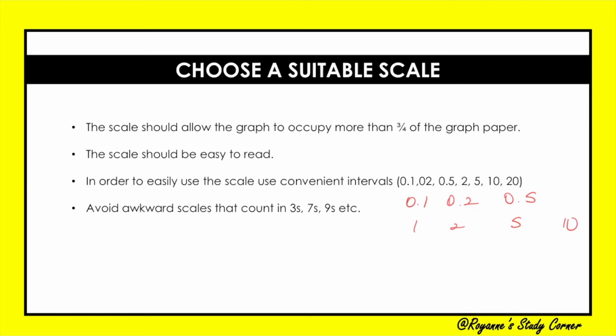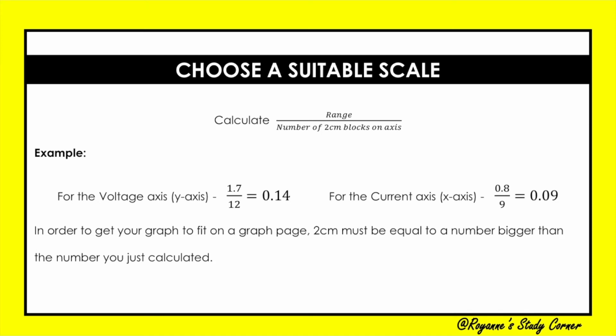Now you may be wondering, well, how then do I choose what scale is right for the values that I have to plot? Now I feel like saying something corny like, I'm glad you asked. So a formula that I teach to figure out what scale you want to use, and I was taught this by my Form 4 and Form 5 physics and chem teacher, is you calculate your range divided by the number of 2 centimeter blocks on the axis.